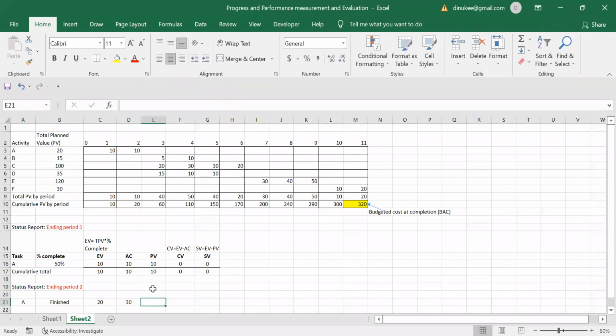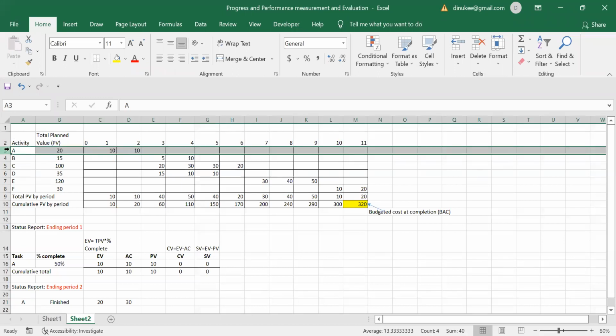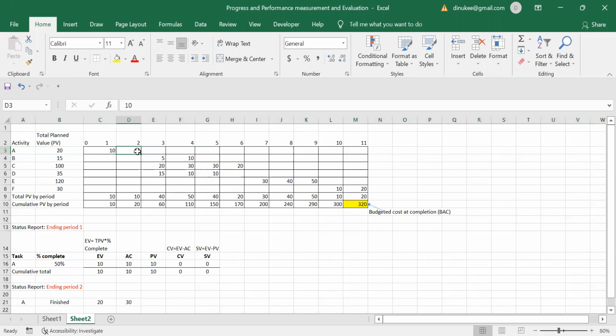I am discussing the status report of activity A. At the end of period 2, what is the planned value? Is it 10 or 20?